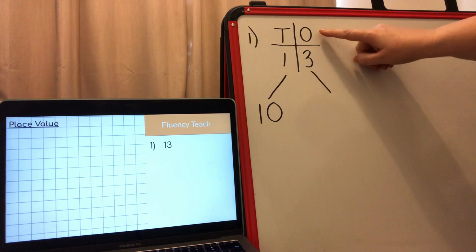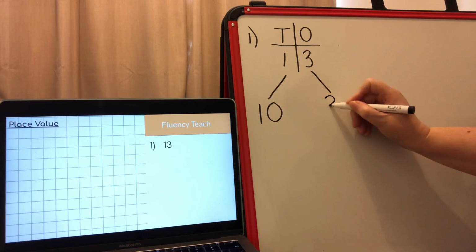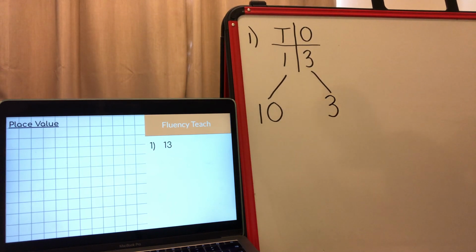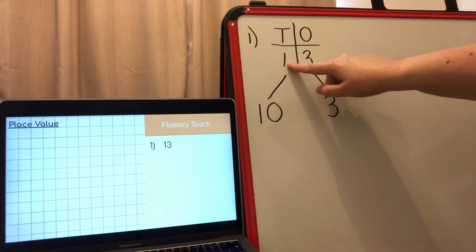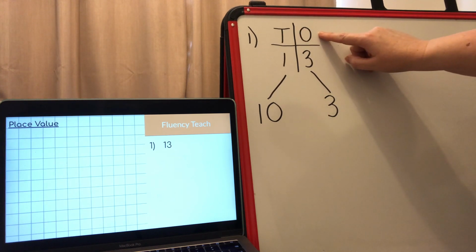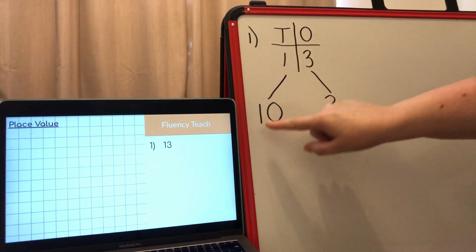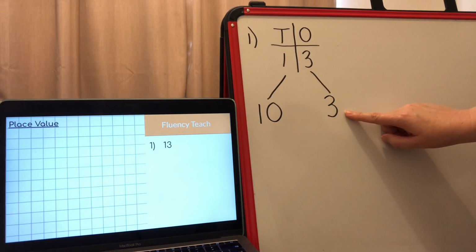No, it's 3 ones. So that only has a value of 3. So in a 2-digit number like 13, the first digit is the number of tens you've got. The second digit is the number of ones you've got. 1 ten is 10. 3 ones is just 3.